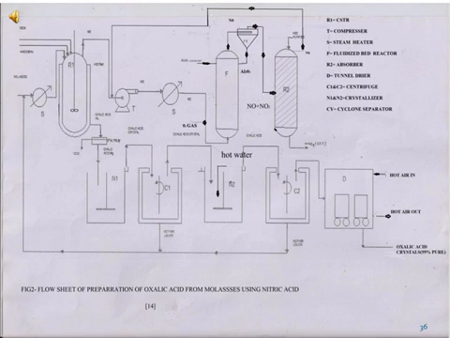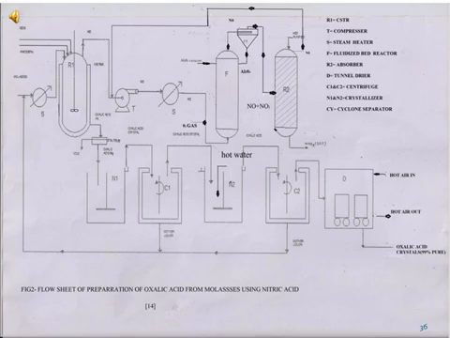R1 is shown in this reactor, which is a CSTR. CSTR means continuous stirred tank reactor. After this, you can see a capital T, which is a compressor. Then you can see a circle with an arrow. This is called the steam heater.